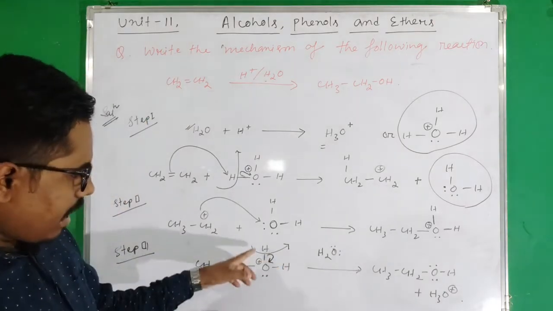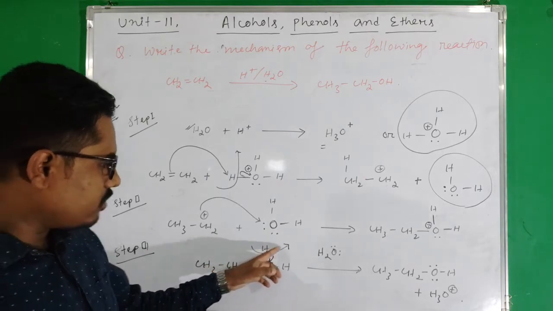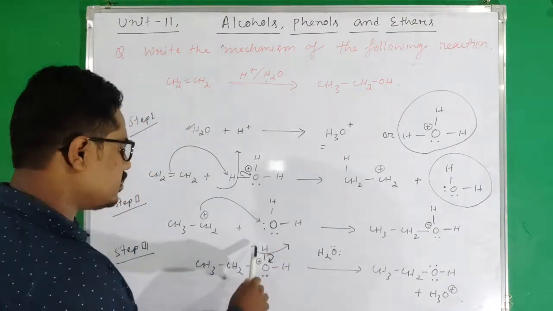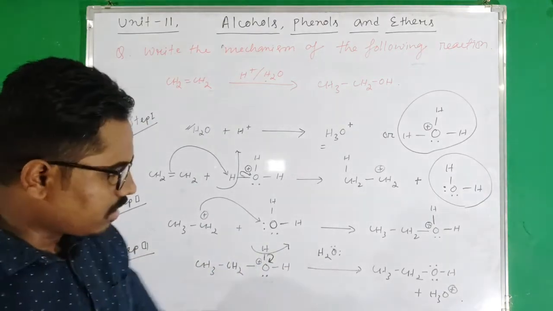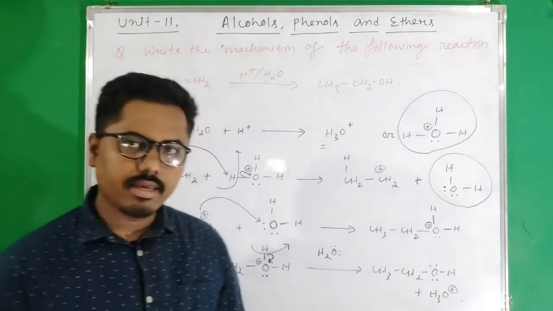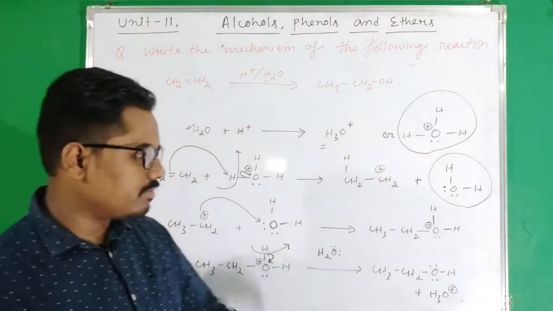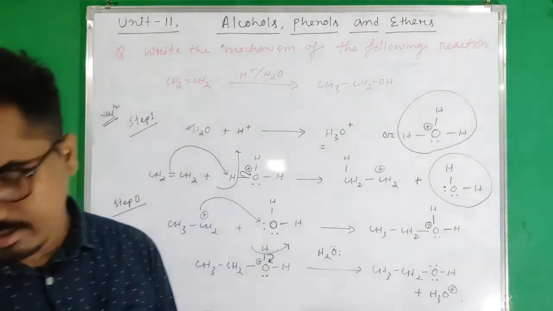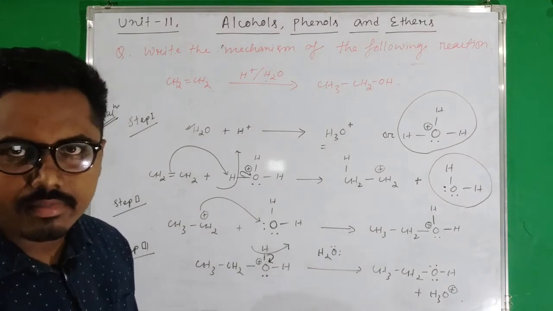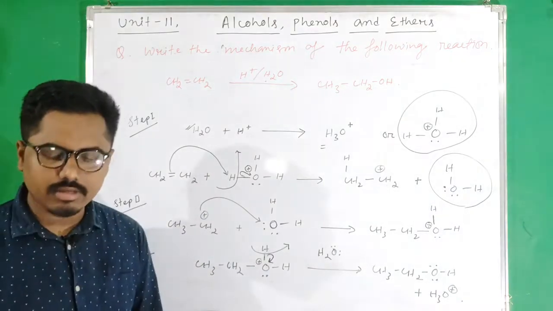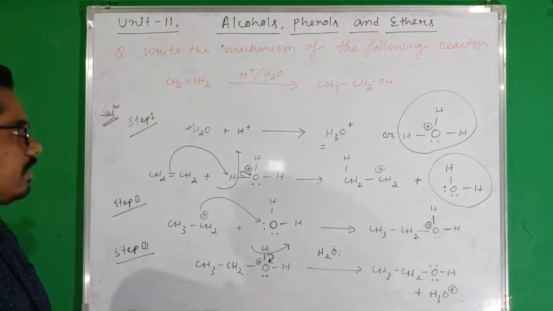Okay, and due to attraction of the electron towards itself, H positive ion will be lost, and that H positive ion will attach with another water molecule, resulting in H3O positive, okay, and the alcohol. So this is the mechanism for this reaction. So hence we have studied preparation of alcohol from alkene. The first method is by acid catalyzed hydration of alkene.